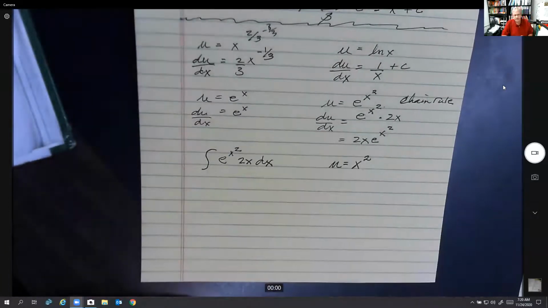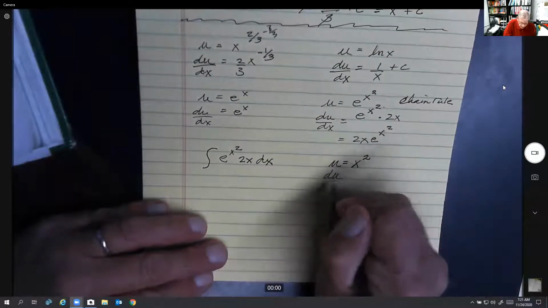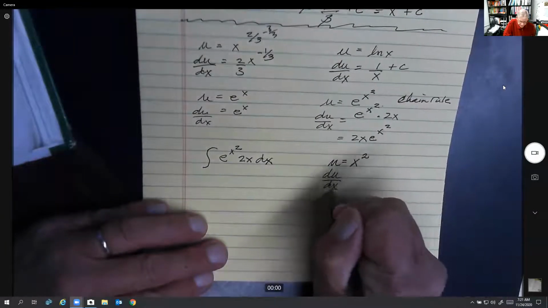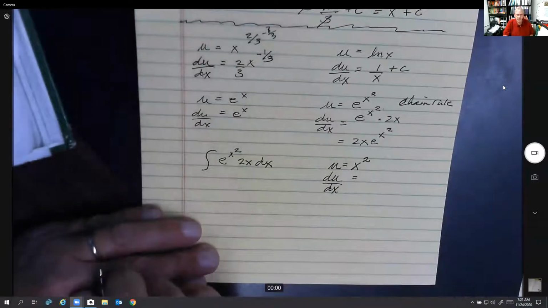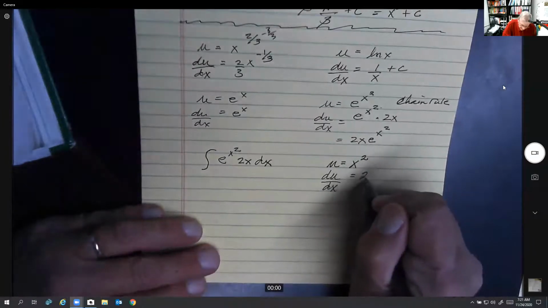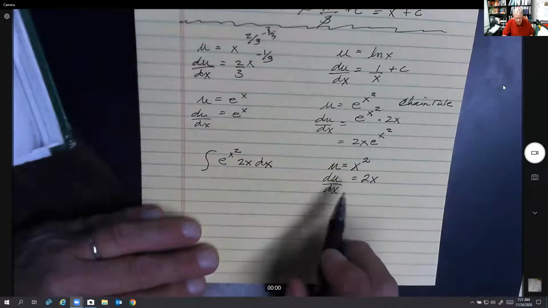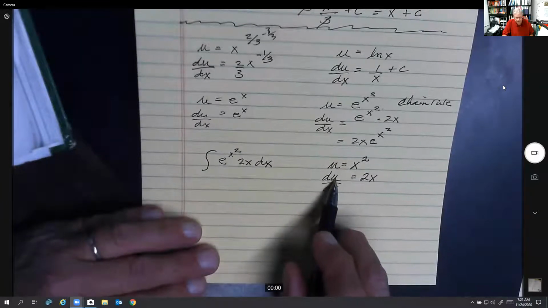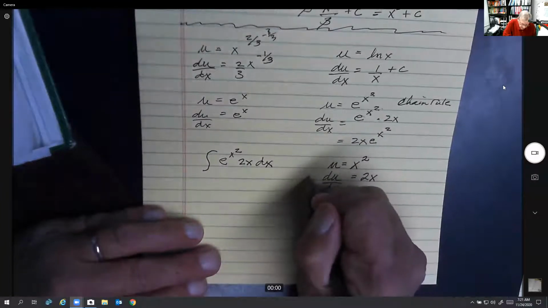And then we're going to take the derivative of that with respect to x. The derivative of x squared is 2x. Okay, I kind of gave that one away. Now, I want to leave this as du and get rid of the dx, so I'm going to multiply both sides by dx.